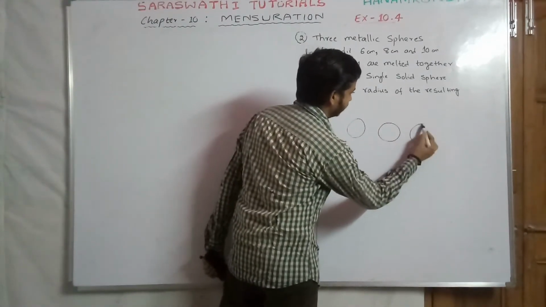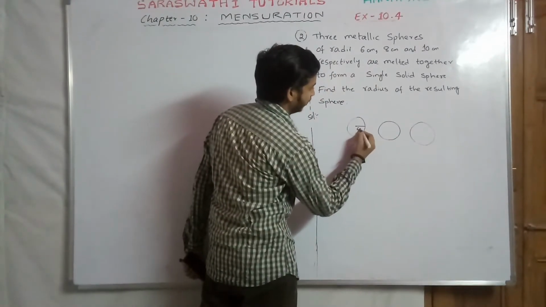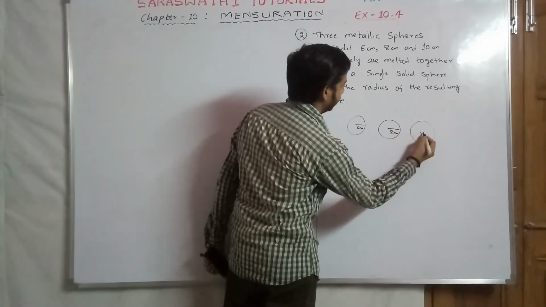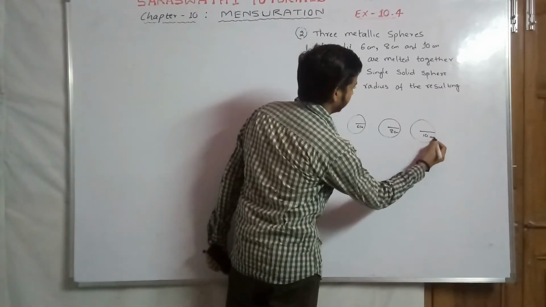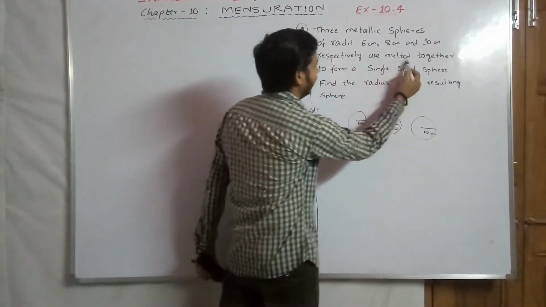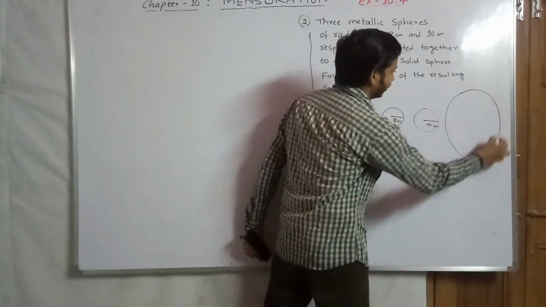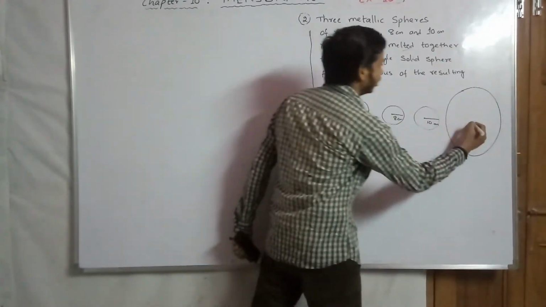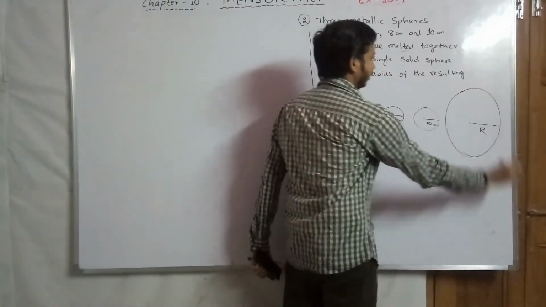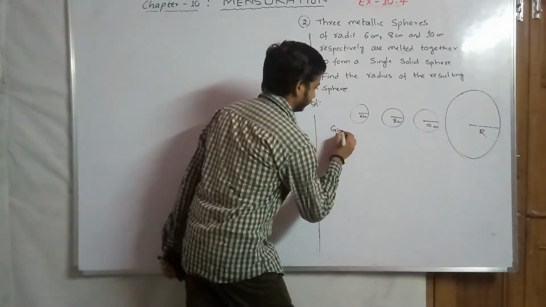So these 3 metallic spheres are melted together to form a single solid sphere. We have to find the radius of the resulting sphere. So first write the given data.